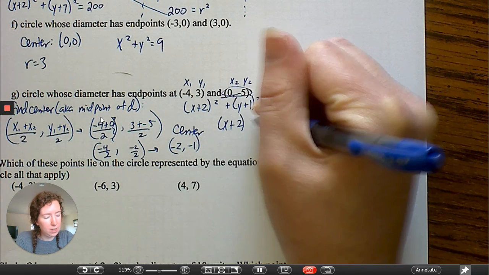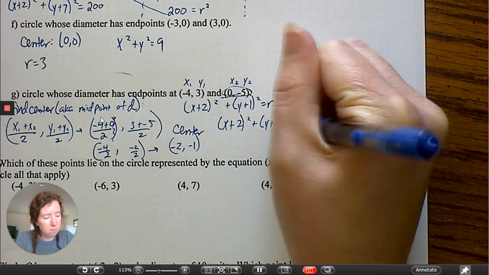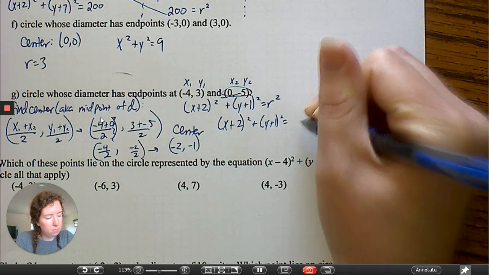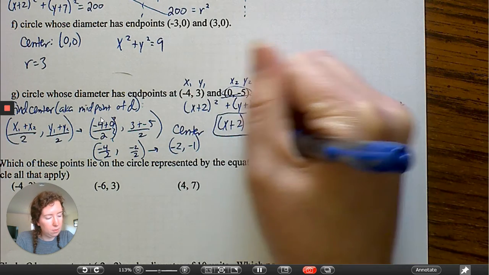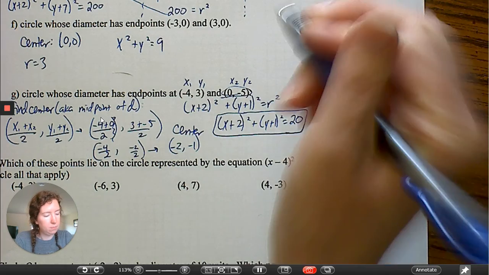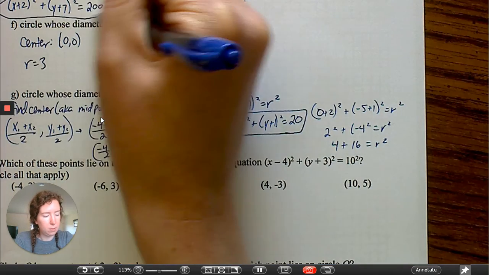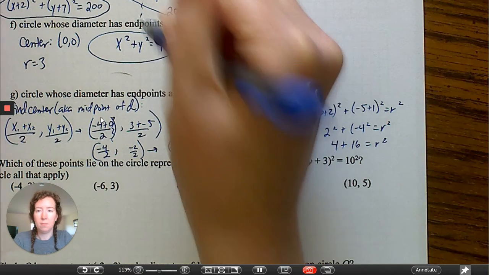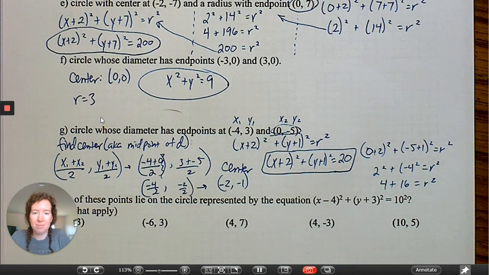So then you just rewrite it with everything where it goes. Let's circle my final answers so we can see what it looks like.